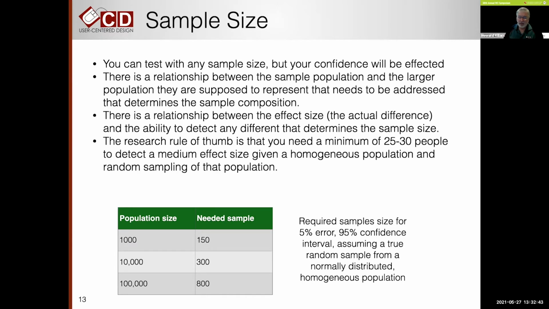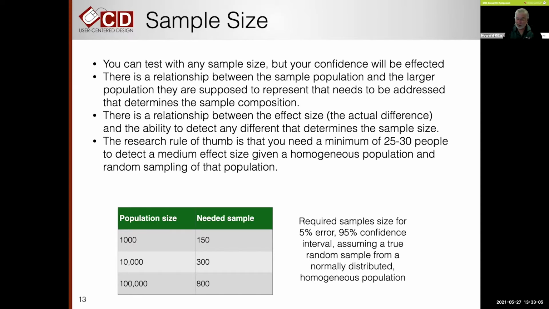And there's a general rule of thumb for research that says if you're looking for something that has a medium effect, it's not a small difference, but it's at least a medium size, you have to test somewhere between 25 and 30 people in order to see the data start to regress to the mean, start to reach its data point. You'll start to see where it's going.